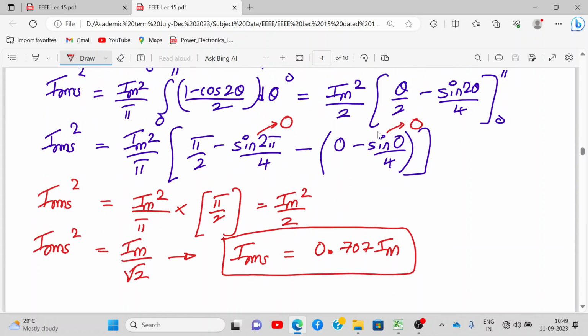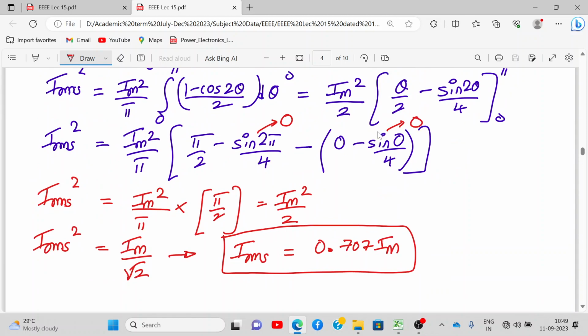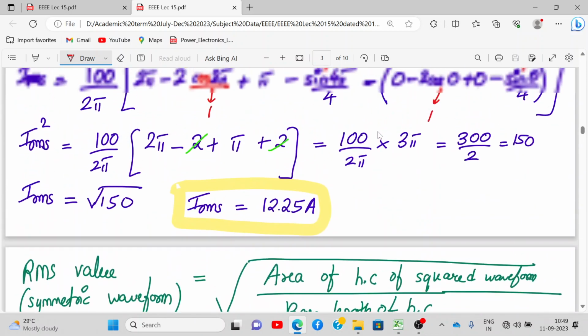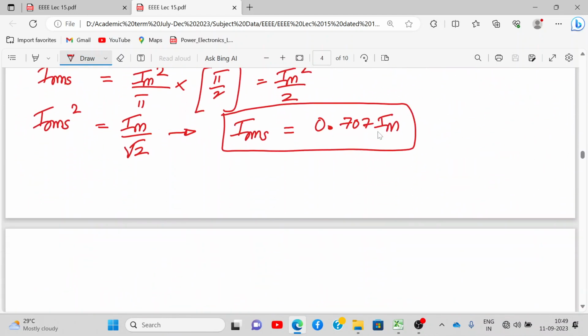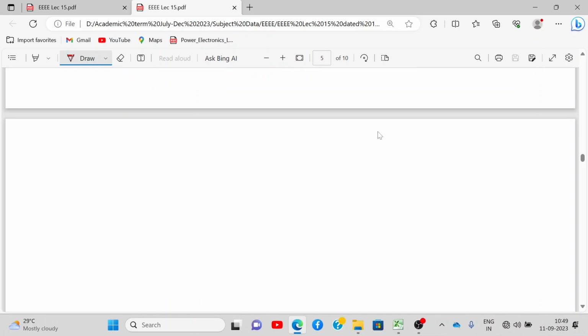Now write down numerical number 5. Completed up till here? So write down numerical number 5.